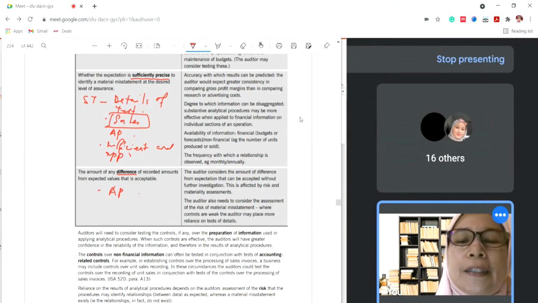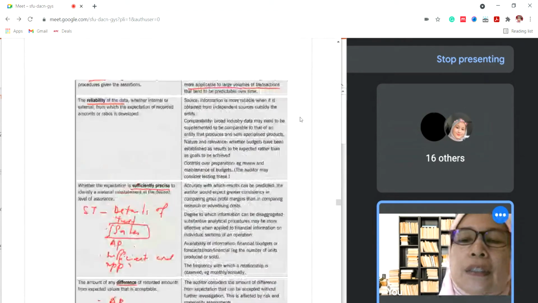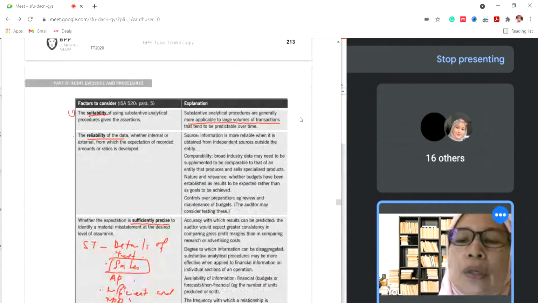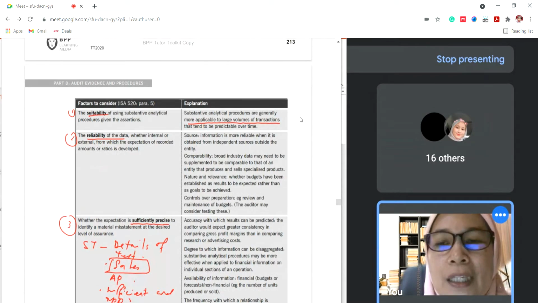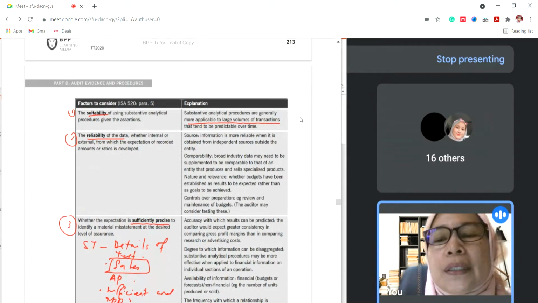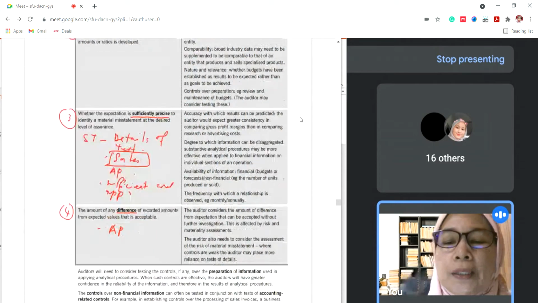Okay, so that are the 4 factors that you should consider, okay, when you want to use the analytical procedures during the substantive test. Okay, because it's not compulsory. Okay, it's not compulsory. When do you think that you need to gather sufficient appropriate audit evidence and you need more precise evidence, so you can perform the analytical procedure.